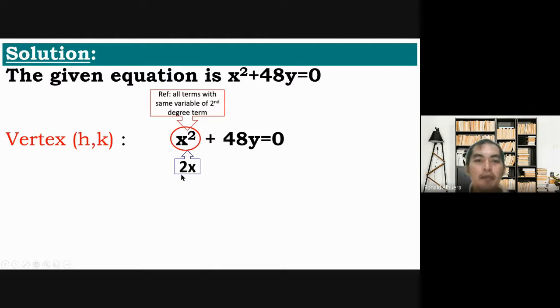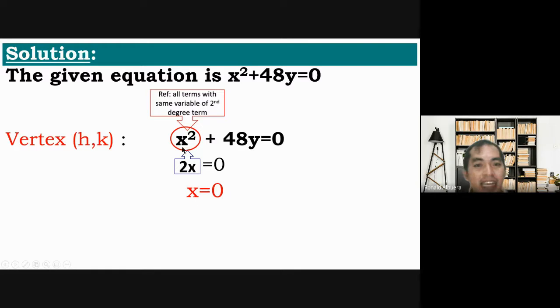Or, you apply derivative. The derivative of x squared is 2x. Then, equate this to 0. 2x equals 0. Solve for x. So, you divide it by 2, both sides. 2x divide 2 is 1x. 0 divide 2 is 0. Itong x equals 0, that's already the h value.